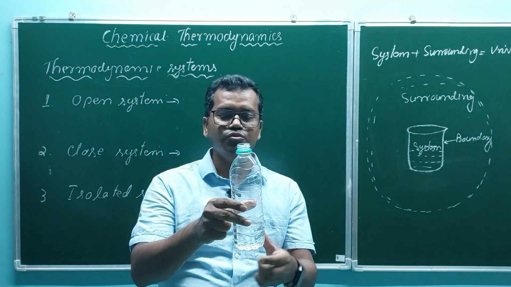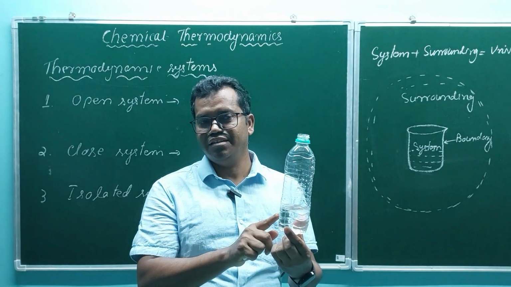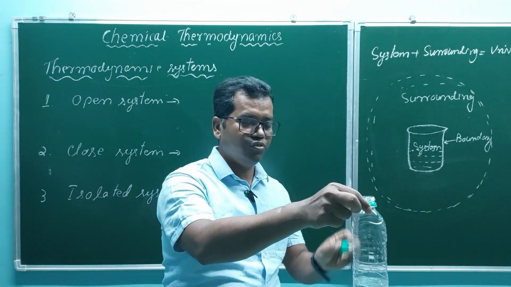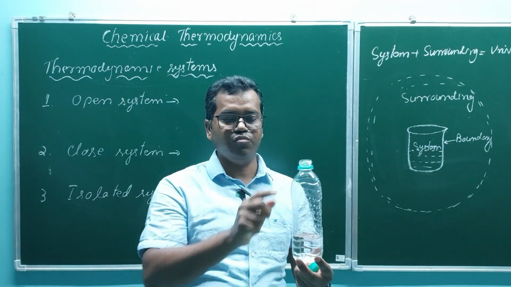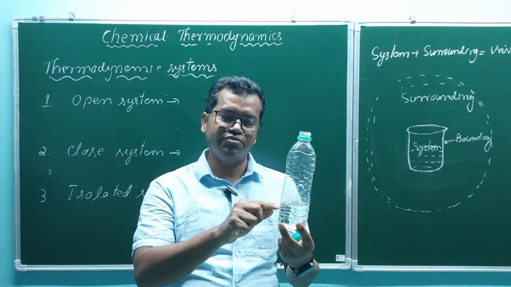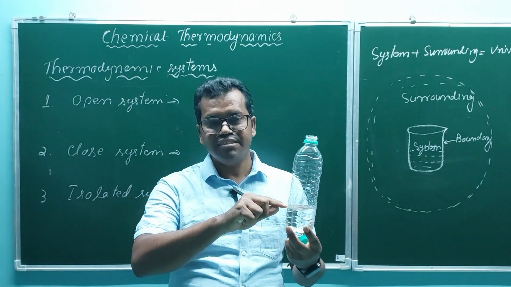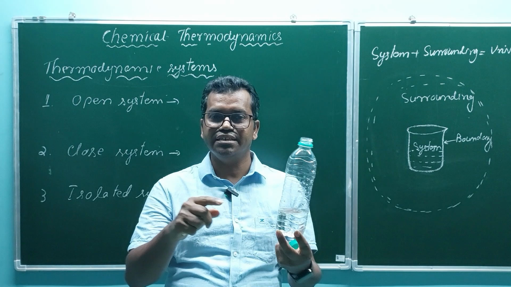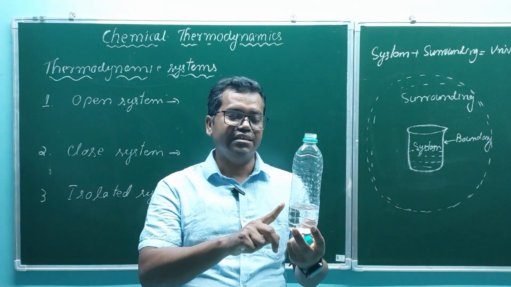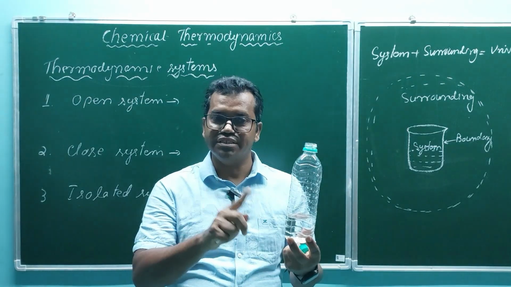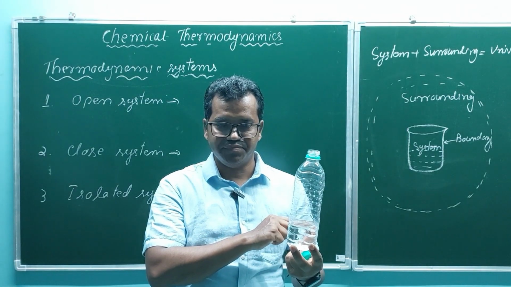Again, we can also warm this water by supplying heat, or if you just keep it on warm water, it will become warm. So heat energy can be supplied to this, and energy can also be removed from this. In other words, heat energy can exchange with the surrounding.